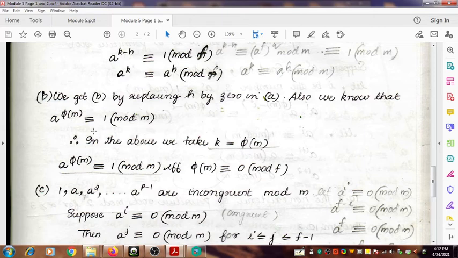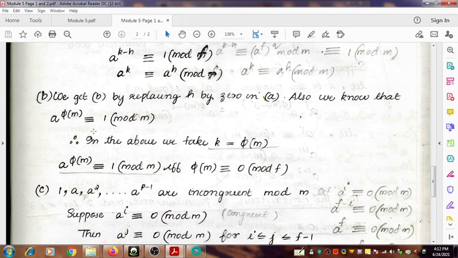In the result a, sorry, not in the equation, in the first part of the result, if you take k equal to phi m, by replacing k by phi m, then we get that a raised to phi m is congruent to 1 mod m if and only if phi m is congruent to 0 mod f.